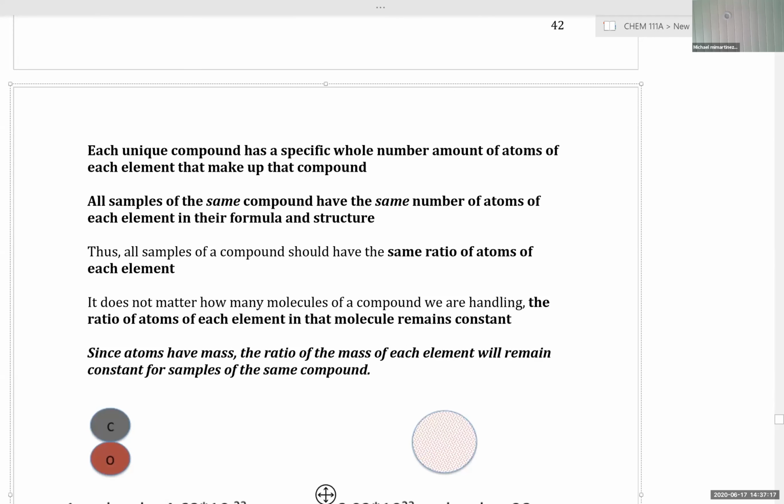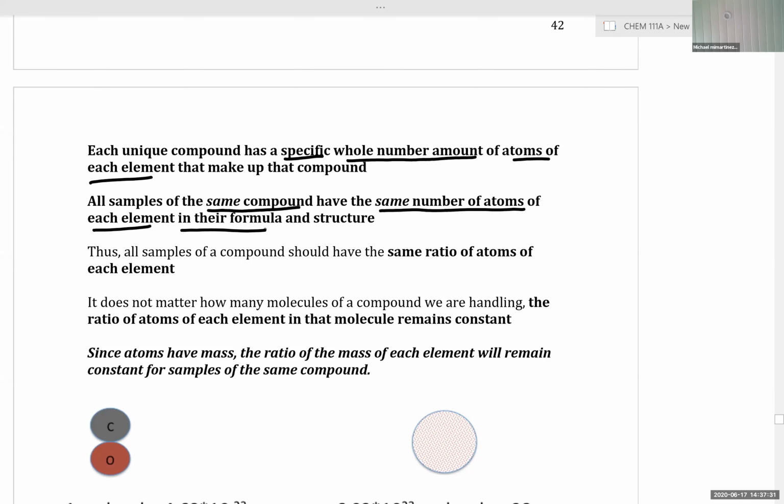Now, since each compound has a specific whole number amount of atoms of each element, and all samples of the same compound have the same number of atoms of each element in their formula, we know as a result, all samples of a compound have the same ratio of atoms of each element.